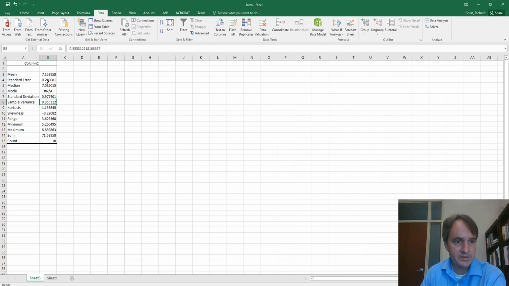There is no mode, so apparently there are no repeated observations. And kurtosis, range, minimum, maximum, sum, count. So a lot of the basic descriptive measures are only one click away. That's the kind of thing you can do with this Analysis ToolPak.